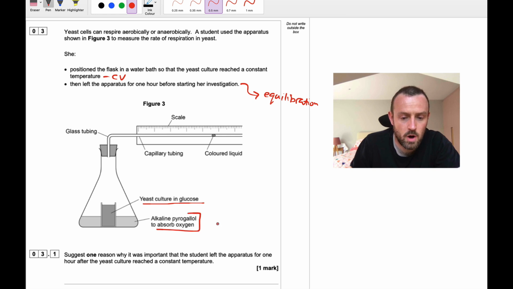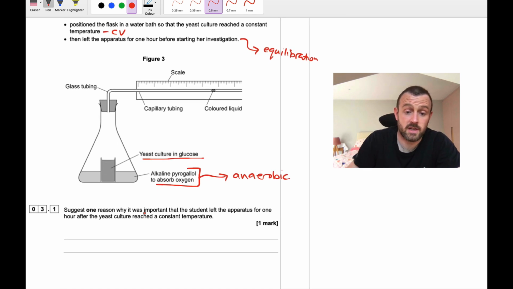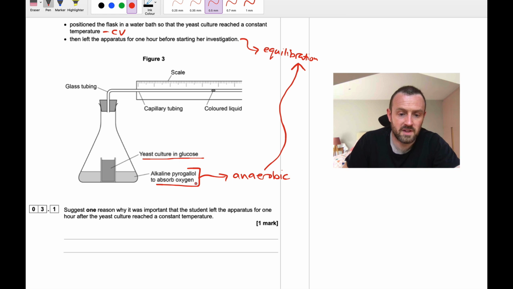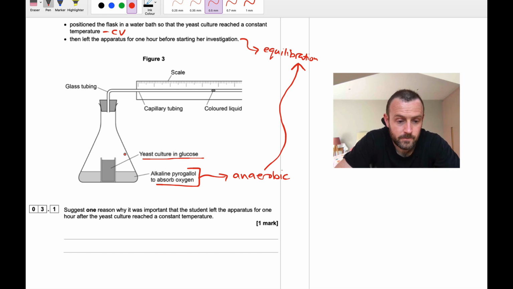So to absorb oxygen, therefore this is going to be anaerobic respiration, because all the oxygen here is going to be taken in. And also potentially, now that I've read this, it might take an hour for this pyrogallol to absorb all the oxygen out of the air in the conical flask, to make sure it's fully anaerobic.